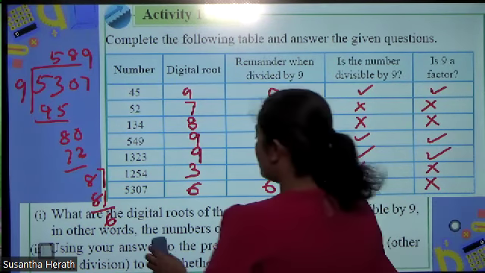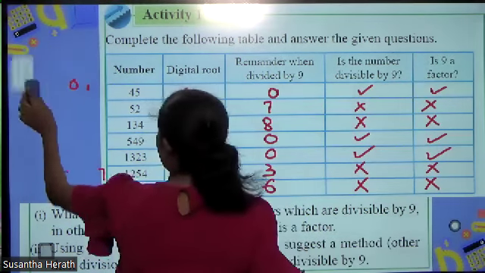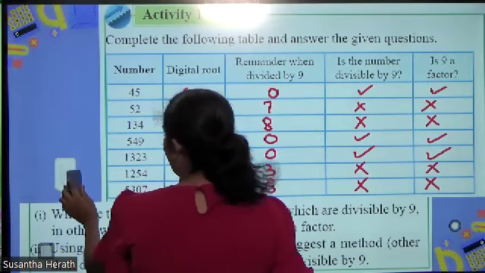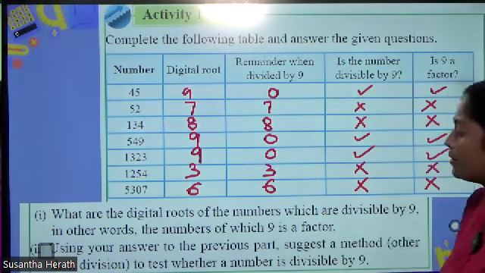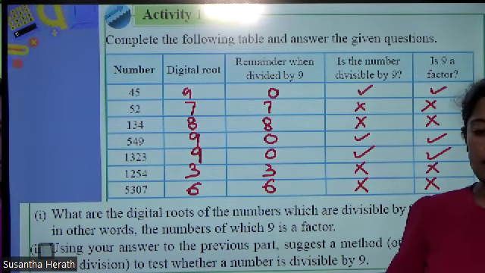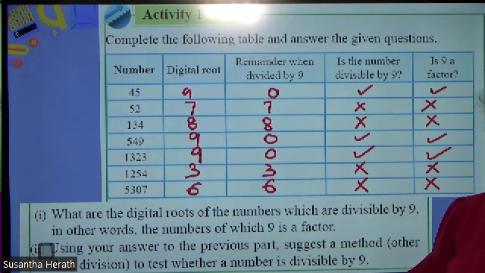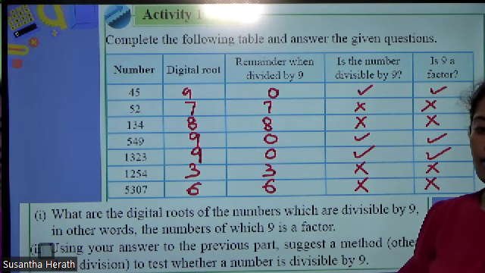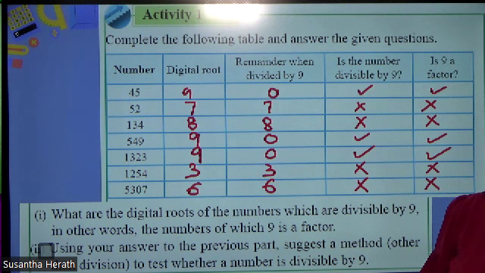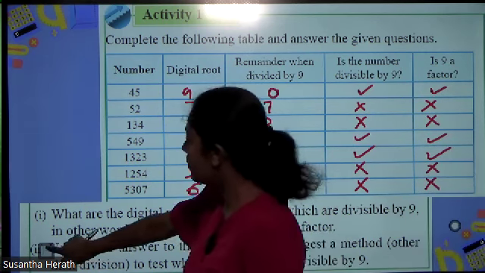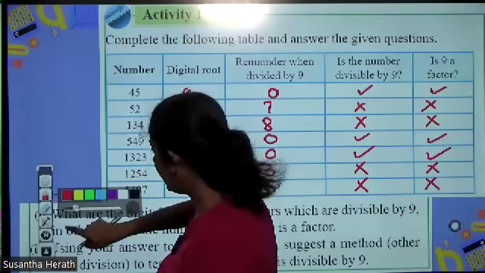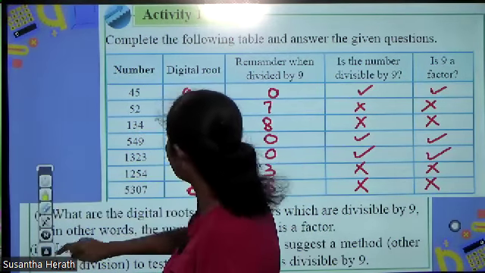Right? Then we'll go through the questions they have given. Question number 1. What are the digital roots of the numbers which are divisible by 9? In other words, the numbers of which 9 is a factor. We can identify only if the digital root is 9.